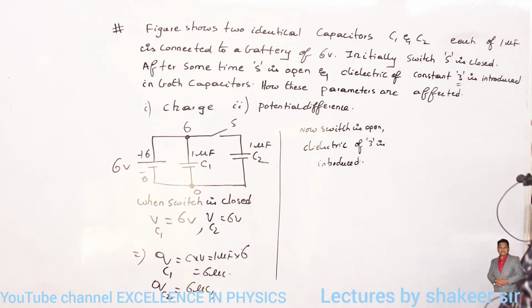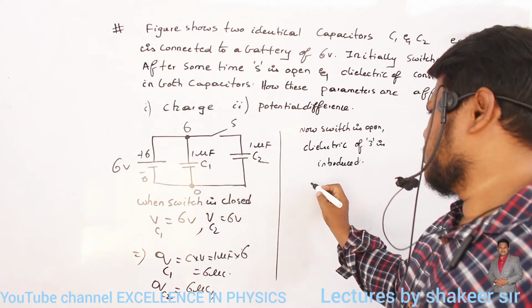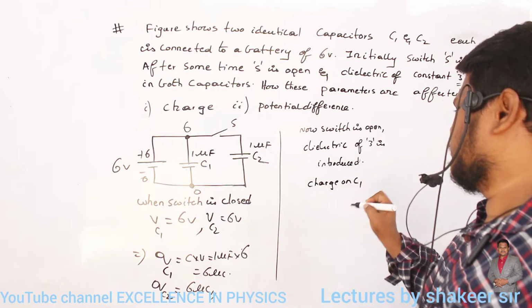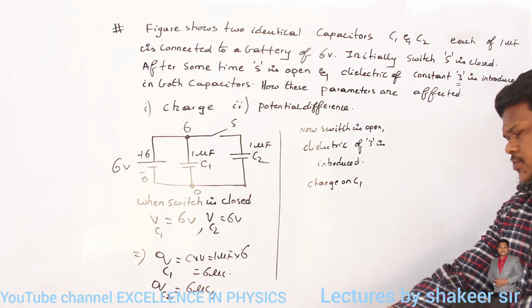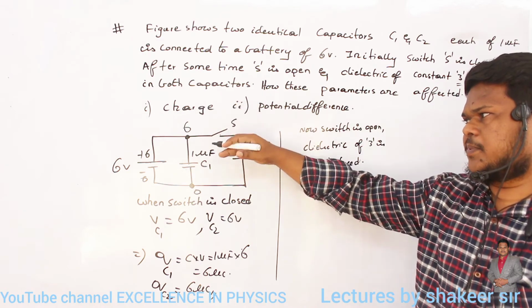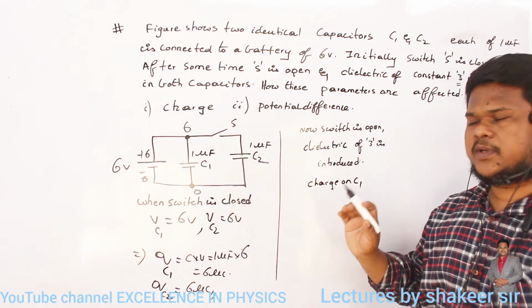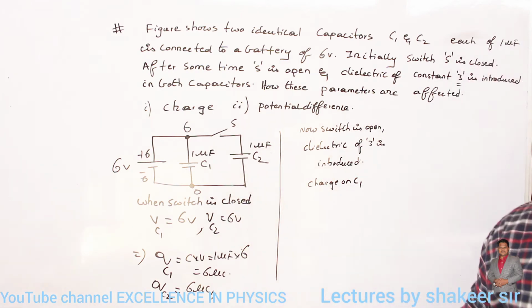So now what about the charge stored in the first capacitor C1? Can you say how much it will be? We are opening this switch and we are introducing dielectric in C1 and C2. Then what is the charge stored on the first capacitor C1?